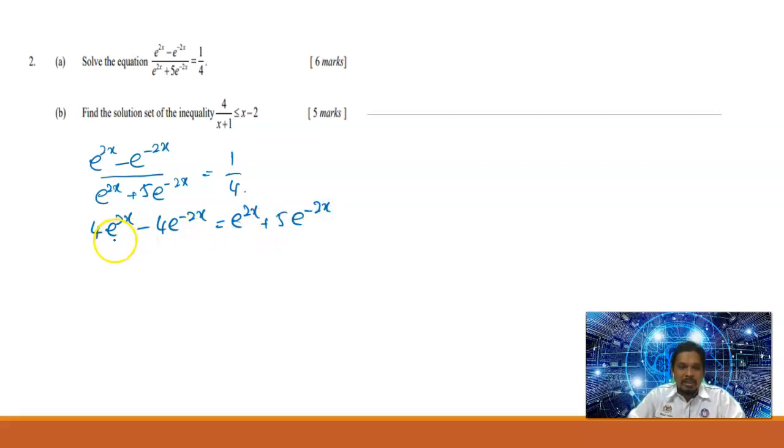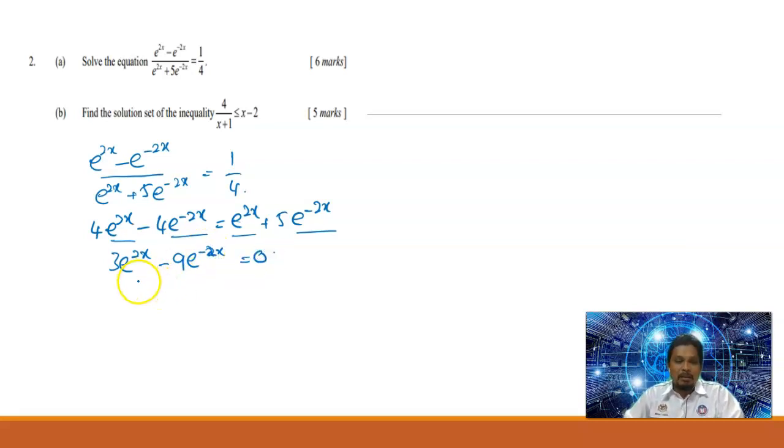Look at this, e power of 2x and e power of 2x. So 1 brought to the other side becomes negative. So 4 minus 1 equals 3 e power of 2x. And e power of negative 2x, negative 4. 5 here, positive 5 brought to the other side becomes negative. So negative 4 minus 5 equals negative 9 e power of negative 2x, equal to 0.